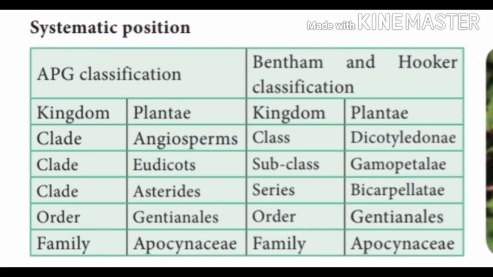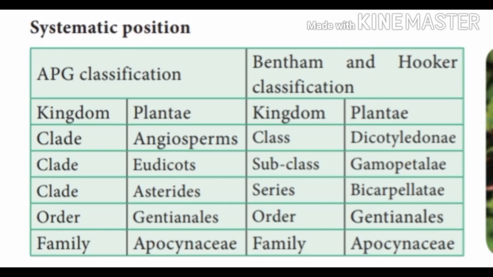Kingdom Plantae, class Dicotyledonae, subclass Gamopetalae, series Bicarpellatae, order Gentianales, and family Apocynaceae. And APG classification: Kingdom Plantae, clade. We don't call it class, we call it clade. Angiospermae, clade Eudicots, clade Asterids, order Gentianales, and family Apocynaceae.